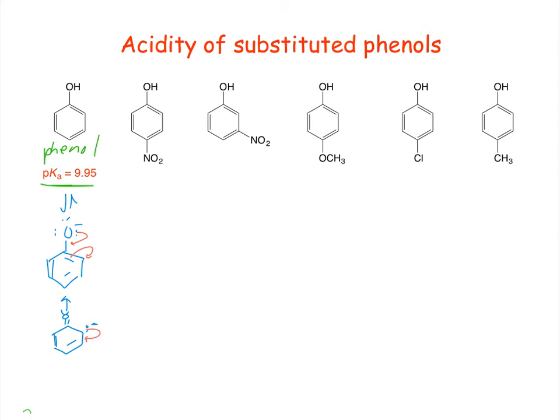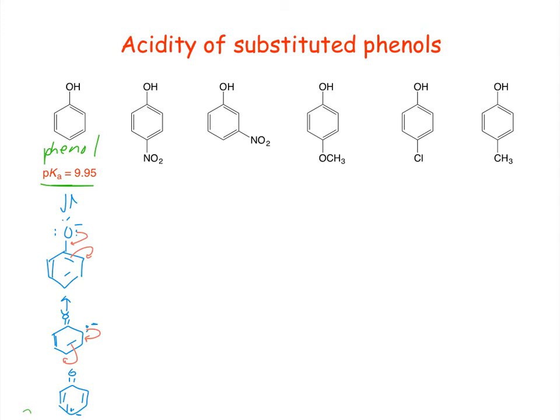And we could do that again over to here. Oops, I can't fit this in here. I'll put them here. Minus down there, or we could bump it up the other side, okay? So we want to know how these other groups can affect the stability of this conjugate base.